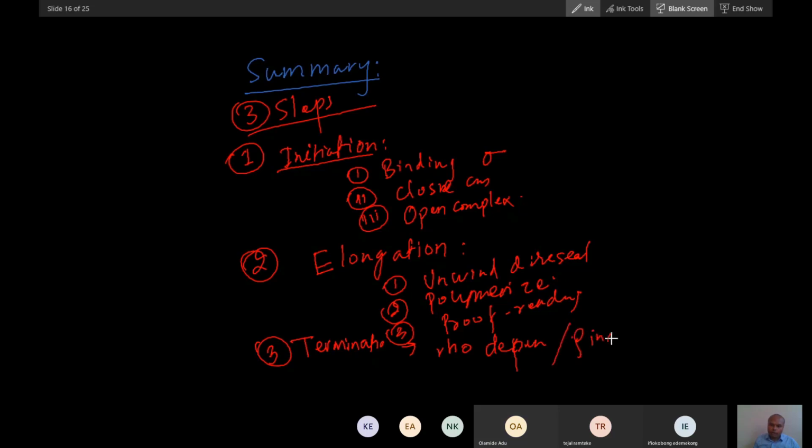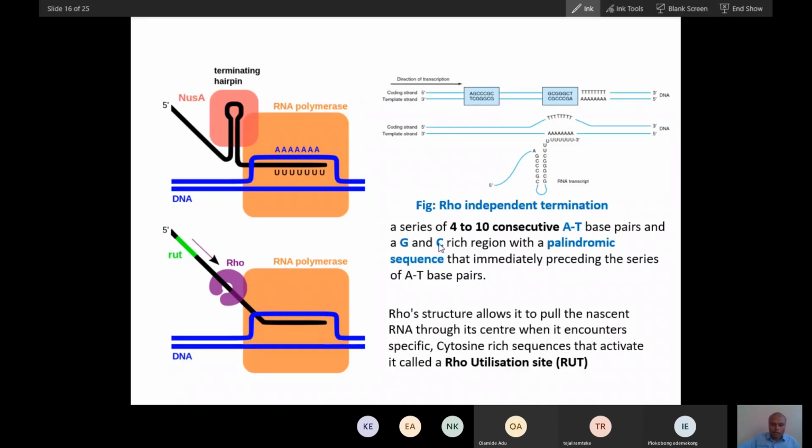What is rho independent? Formation of hairpin loop. And rho dependent is by a protein, an RNA helicase protein that pulls the RNA. So this is the summary of your transcription. Actually, transcription is nothing but gene expression.